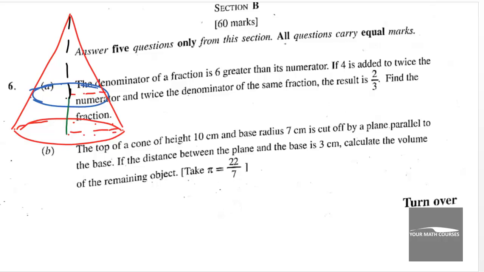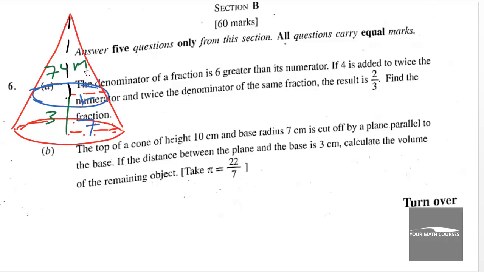So we have the radius of the bigger base to be 7, and the smaller base we don't know, so let's say it is small r. Then it was given that the distance here is 3 units or 3 centimeters. So the top will be 7 centimeters.